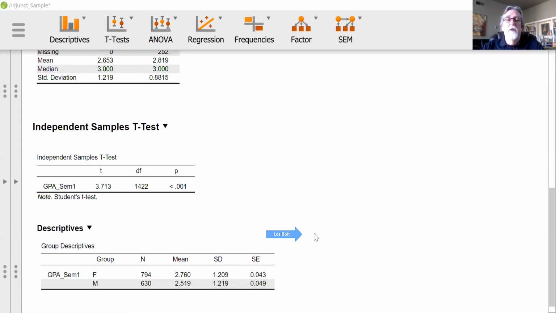And so the answer would be yes, there is a significant difference. And if I explain it, the difference is that females had a significantly higher first semester GPA than males.